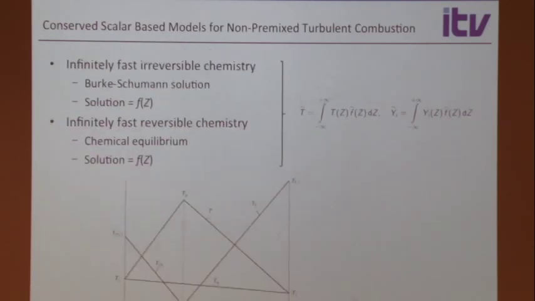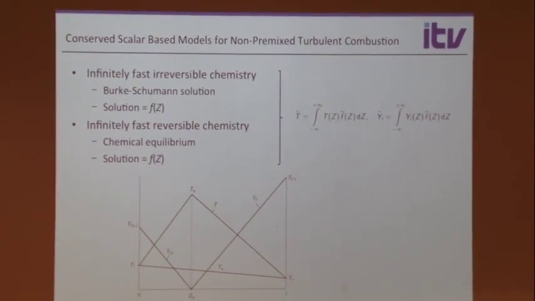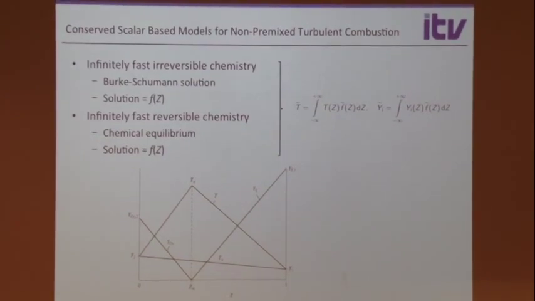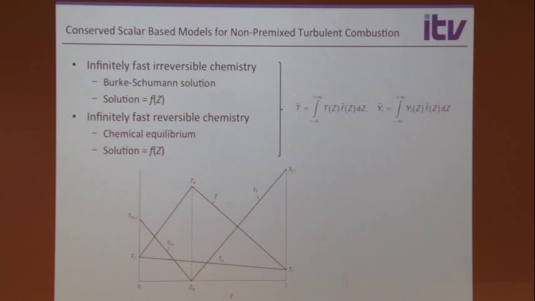In this specific case, you know what the solution is. You can take one value of z mean and one value of z variance, and then you know what this is, you can evaluate the integral, and you get one temperature. Okay? So each combination of z mean and z variance gives you just one temperature.